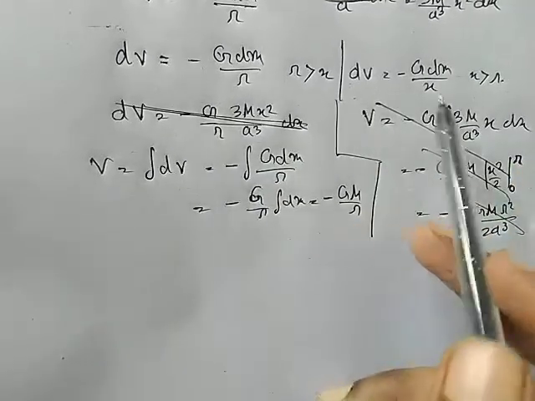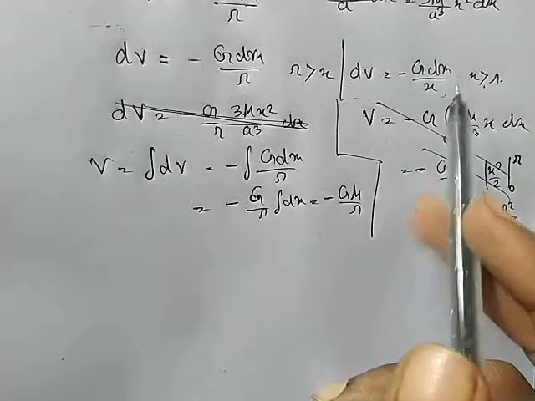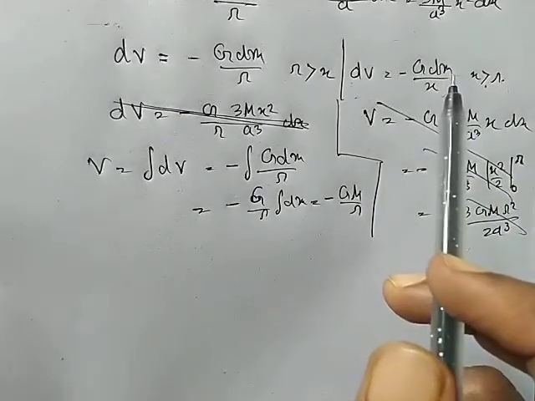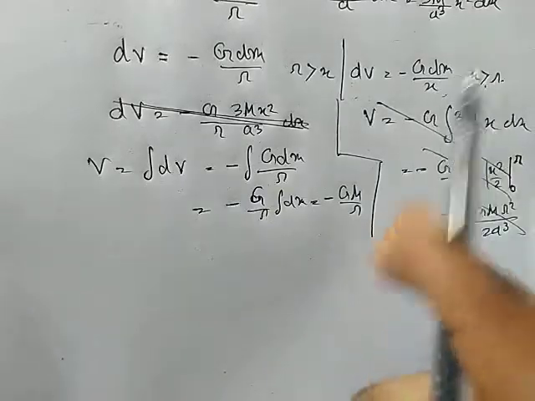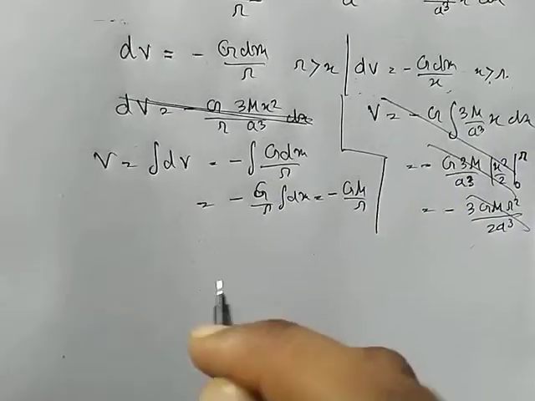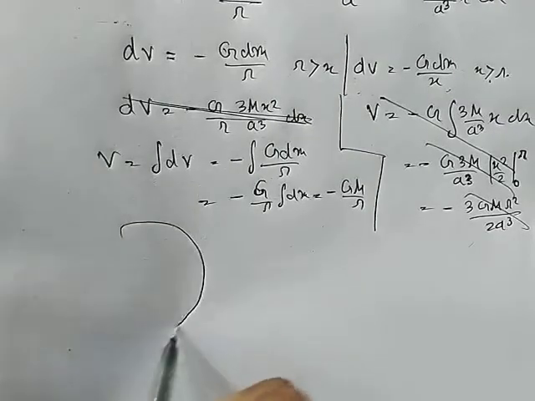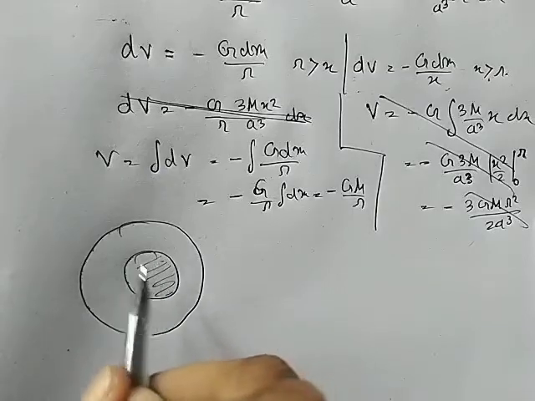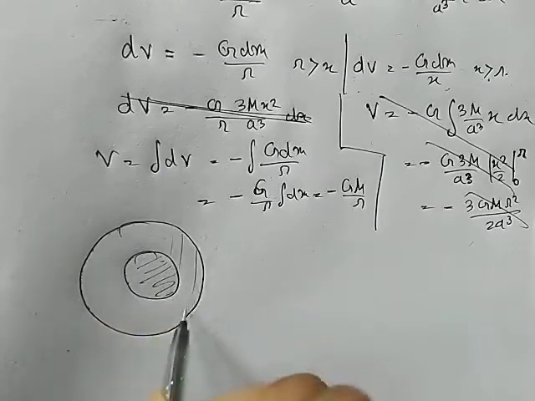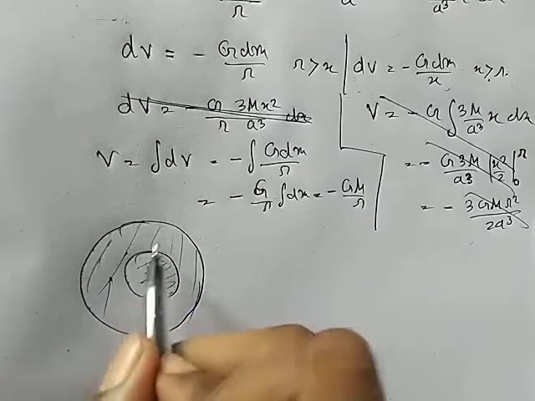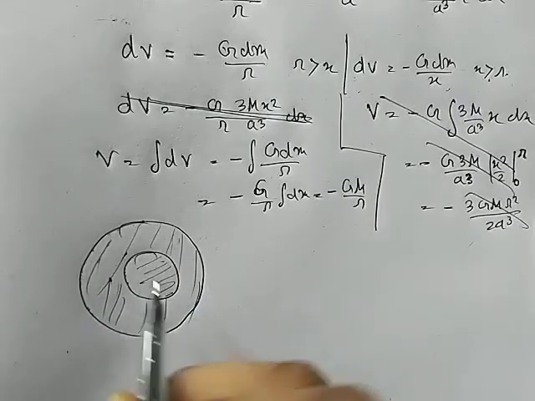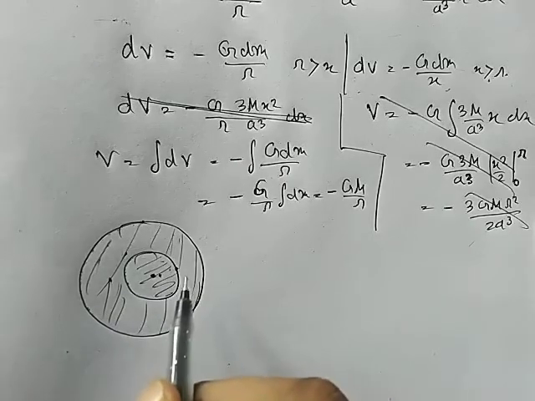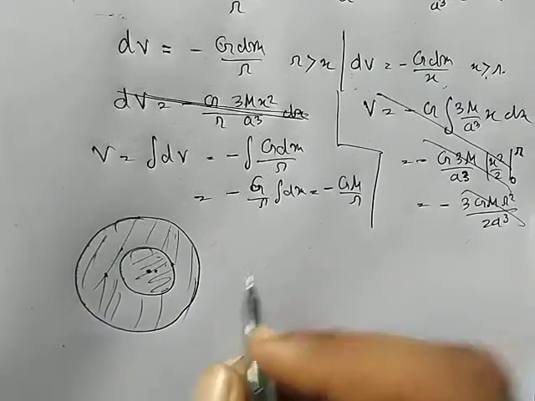So this is the formula for potential when the point is inside. But for an inside point, there is potential at that point due to two parts: one is this inner spherical part, and there is this outer shell. So we will consider the potentials at this point for those two parts separately, and then add them up.